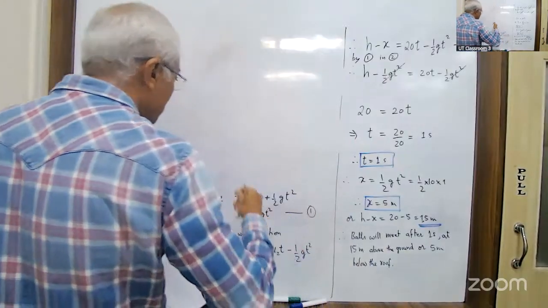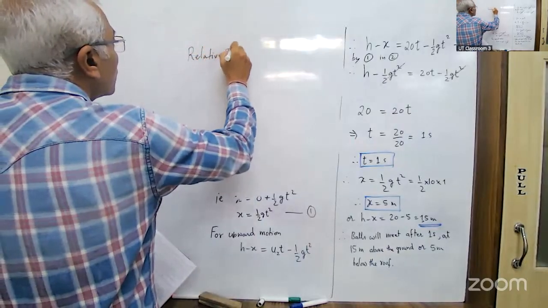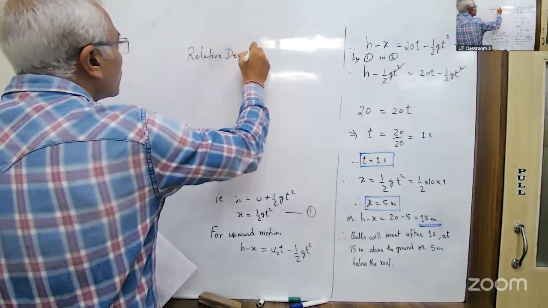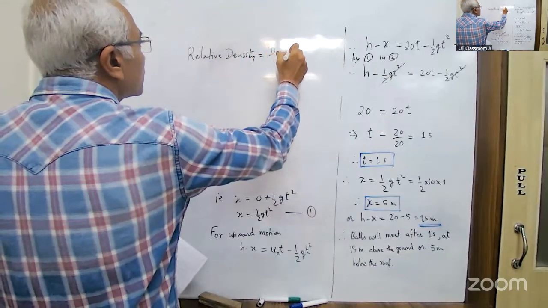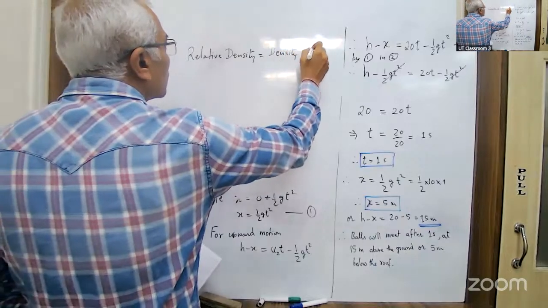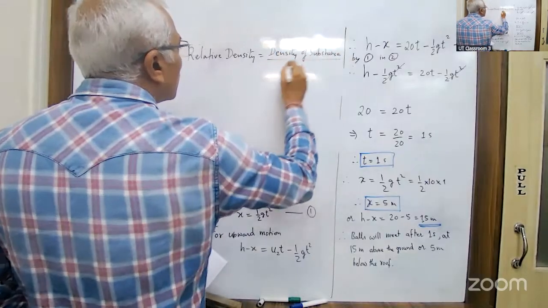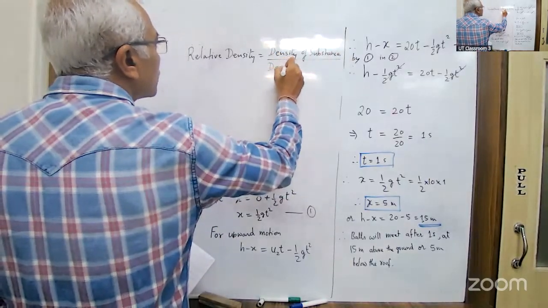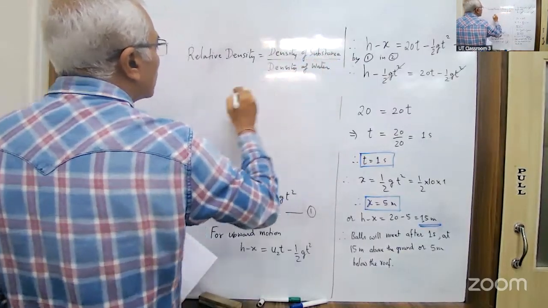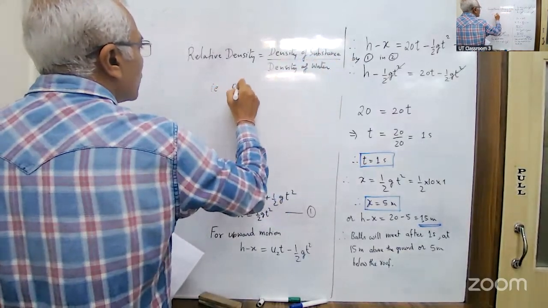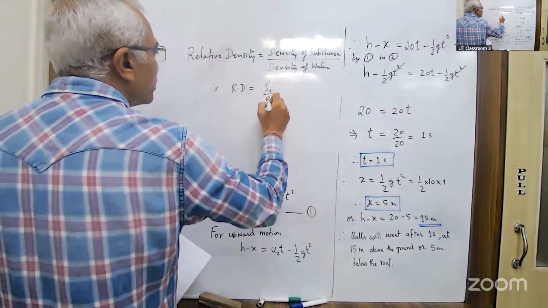So relative density is given as density of substance divided by density of water. Okay, that is RD is equal to density of substance over density of water.